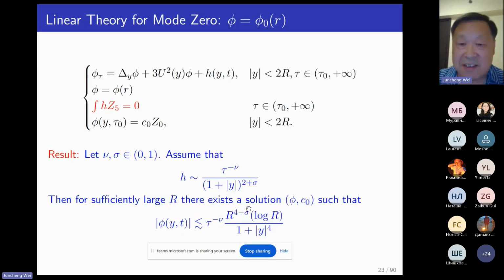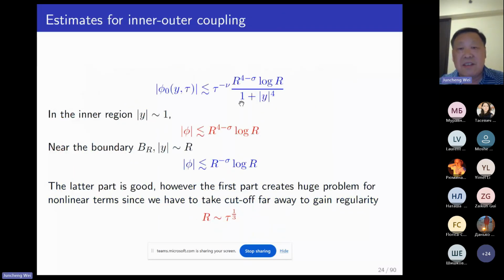So let's look at this term. If y is order 1, this is extremely bad because you lose r to the 4, basically you lose R to the 4 times log R. However, if you are near the boundary, near y equals R, then this one decays. This is like 1 over R to the minus sigma, because when y equals R, this is R to the minus sigma. So this is the solution we construct.